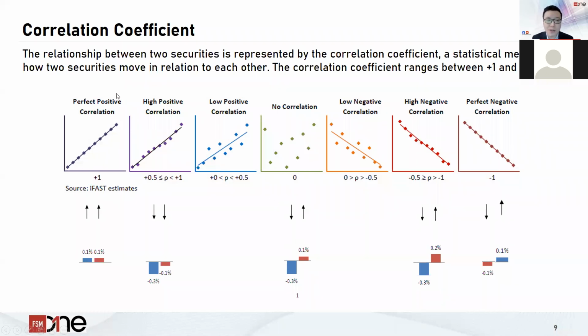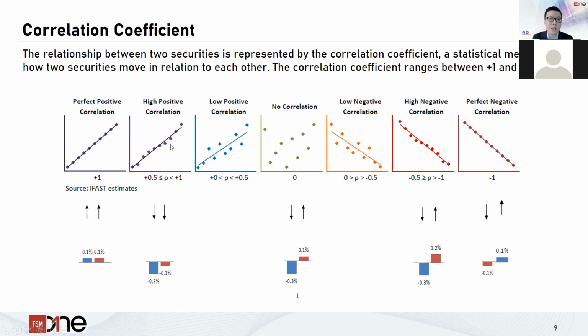With perfect positive correlation, you can see they move perfectly together. So when one moves 0.1% up, the other moves exactly the same. With perfect negative correlation, when one drops by 0.1%, the other moves up by exactly 0.1%.